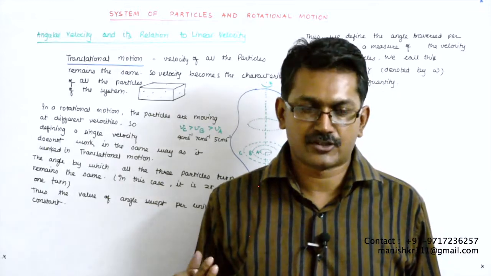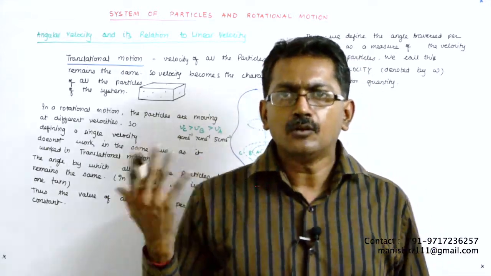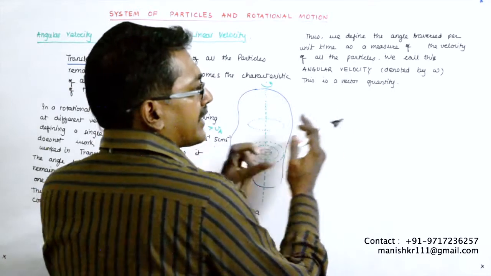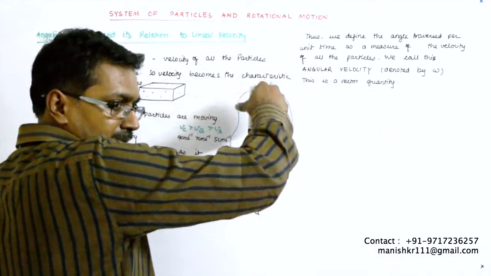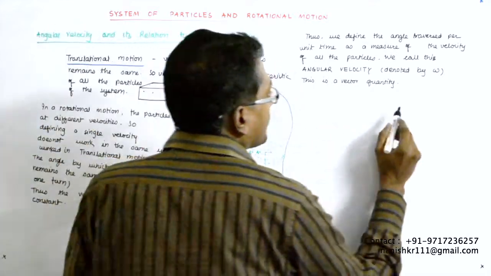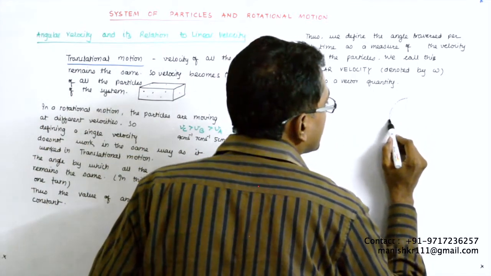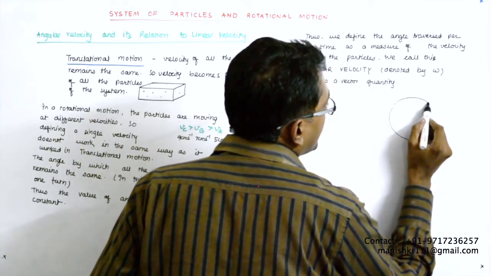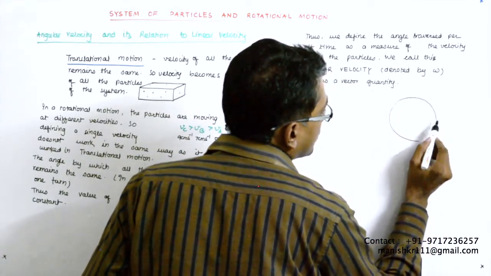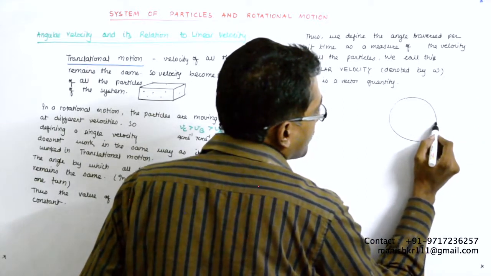Now, say it is rotating like this. Okay, so I am drawing a top view of this. So I'll be drawing a circle.